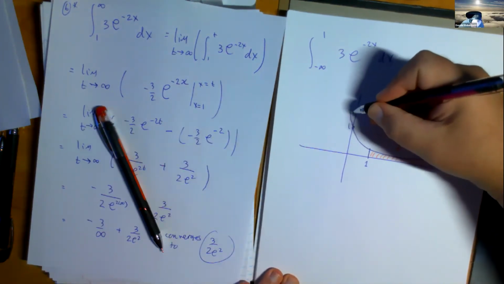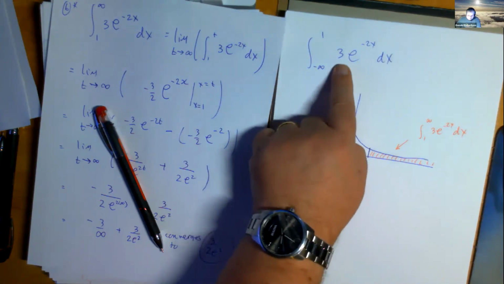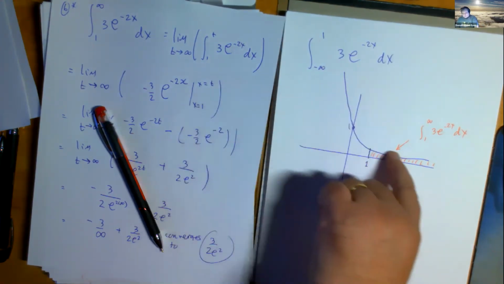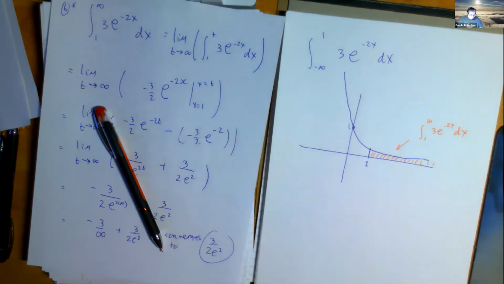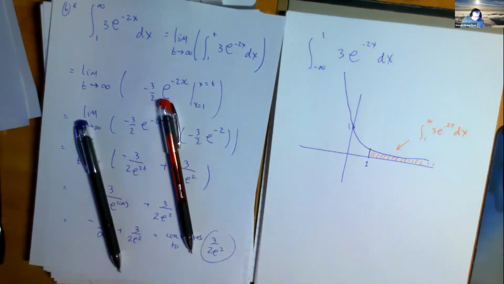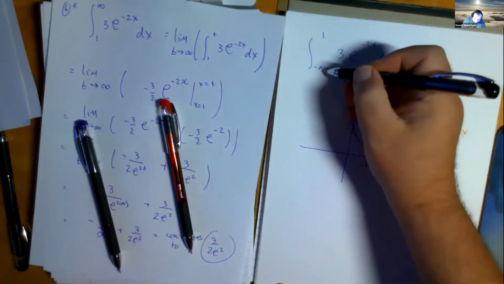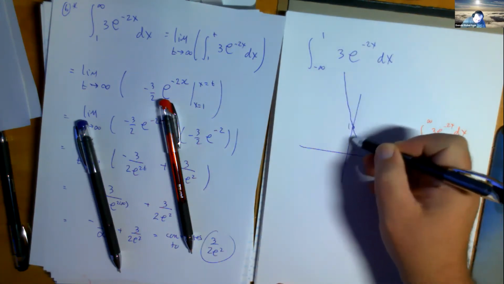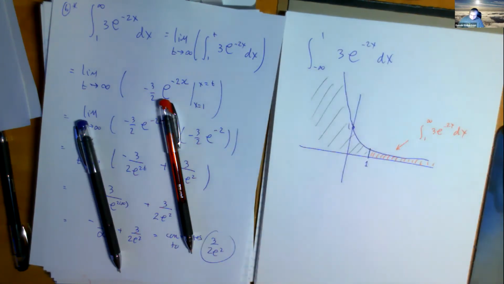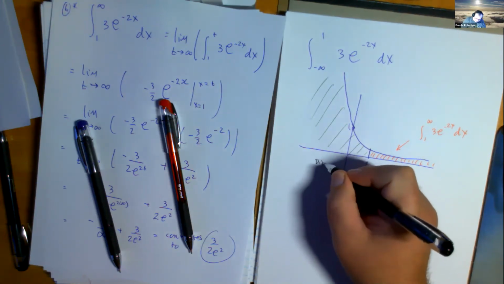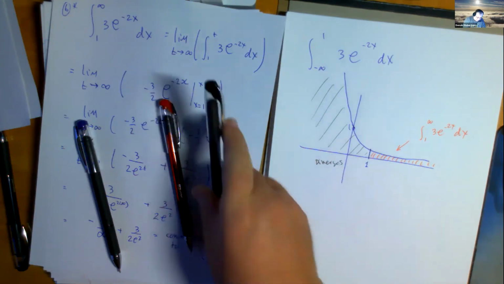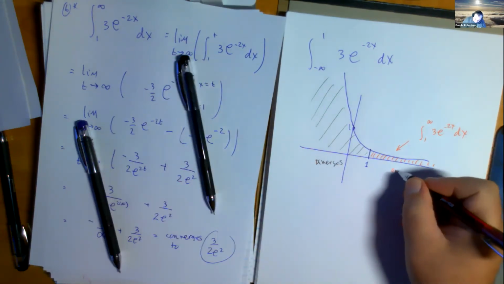If you looked at this function, wouldn't it look something like this? What's going to happen if you change and do this piece? Can you see this piece is infinitely large and just going to get bigger and bigger? So on this side, it diverges. And on this side, it converges.